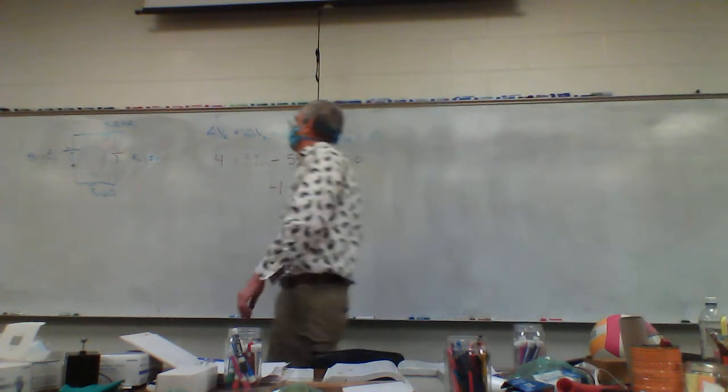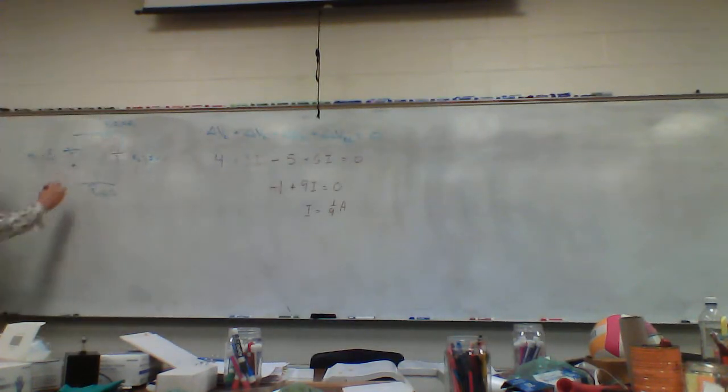Which means that the current across resistor 1 is 1/9 amperes to the left, or negative 1/9 amperes to the right. But that's exactly what we did before.